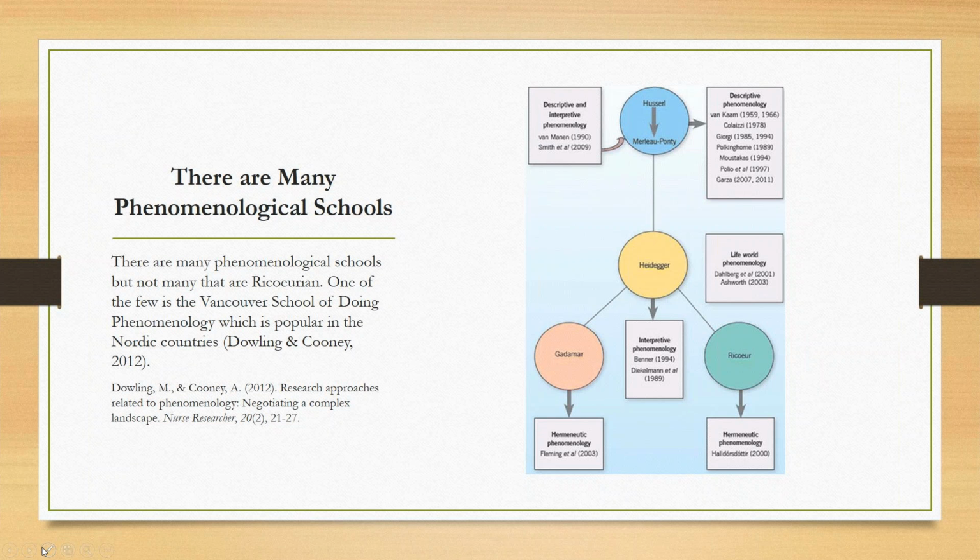Dowling and Cooney claim that they didn't find any other school that could be called a Ricoeurian school of doing phenomenology. So I think this is a really good attempt that they made to negotiate a complex landscape, and their paper is very good. I recommend it.